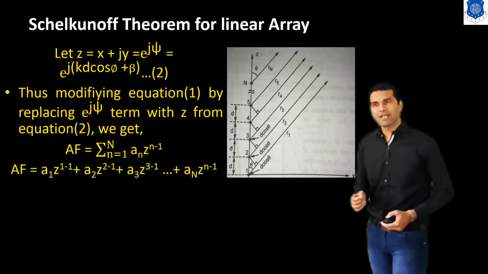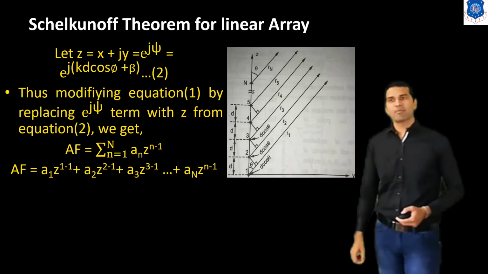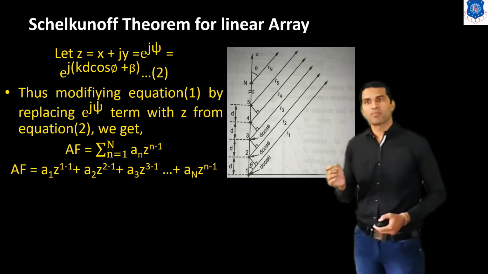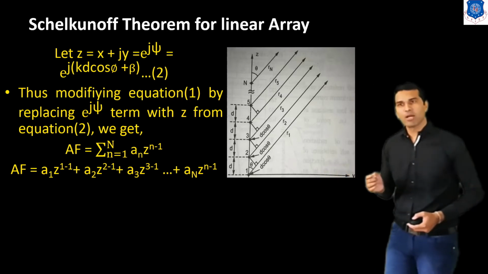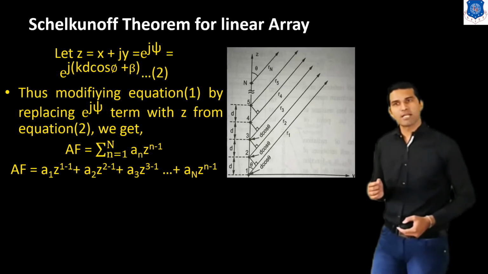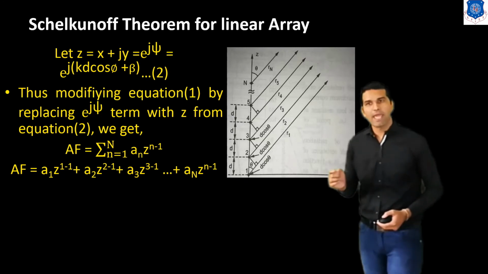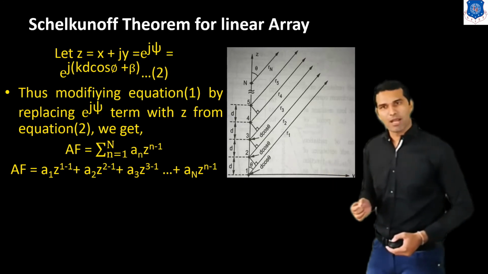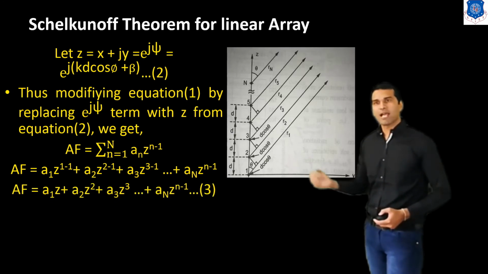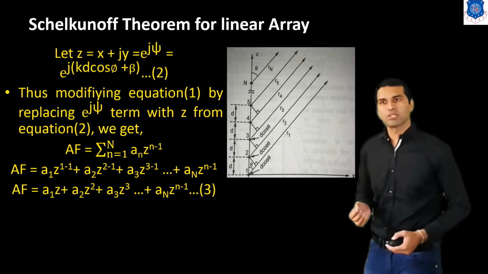Now we expand this equation: AF equals a1 z raised to 1 minus 1 plus a2 z raised to 2 minus 1 plus a3 z raised to 3 minus 1 up to a_N z raised to N minus 1. When we simplify, z raised to 1 minus 1 is z raised to 0, and z raised to 0 is 1.